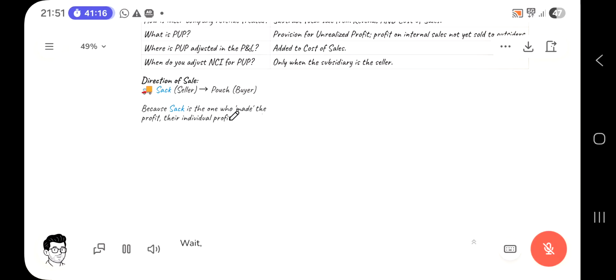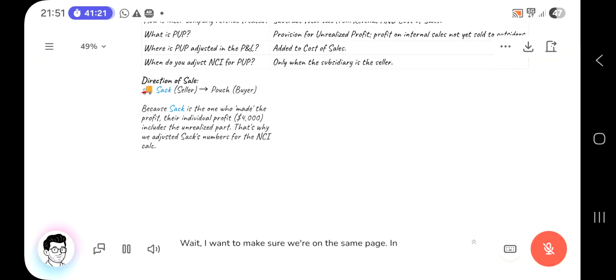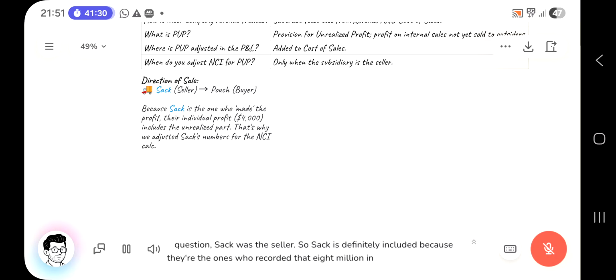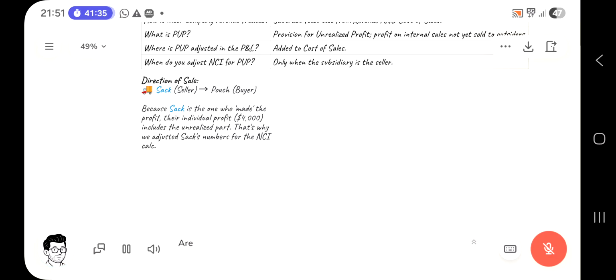Wait, I want to make sure we're on the same page. In this specific question, SAC was the seller. So SAC is definitely included because they're the ones who recorded that $8 million in sales and that profit. Are you thinking of a different problem where Pouch sold to SAC? Because if Pouch, the parent, is the seller, then the profit is sitting in the parent's books, not the subsidiary's.